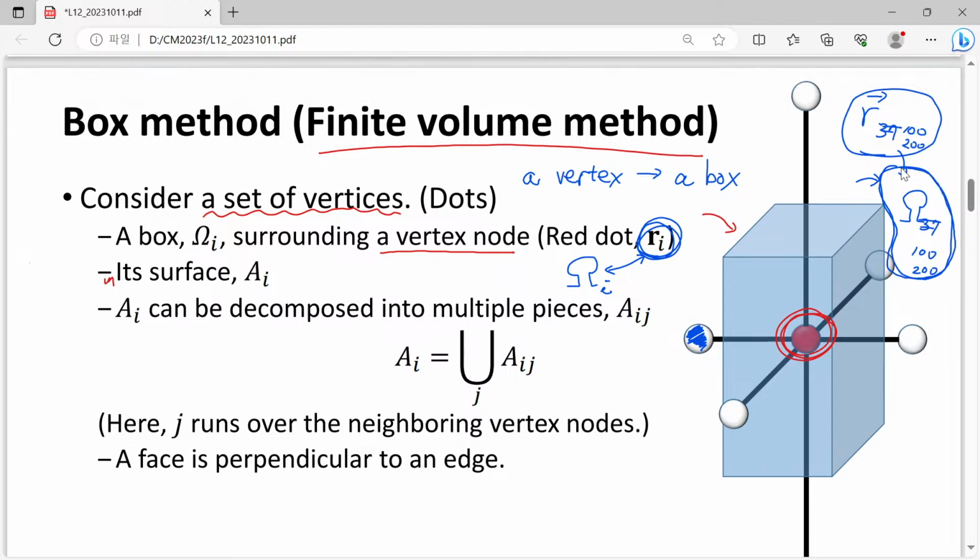This is another thing we have to do, but we will assume that anyhow we can build this omega for each node quite easily. So let's assume that we have well-prepared boxes in this case. Are you all with me?